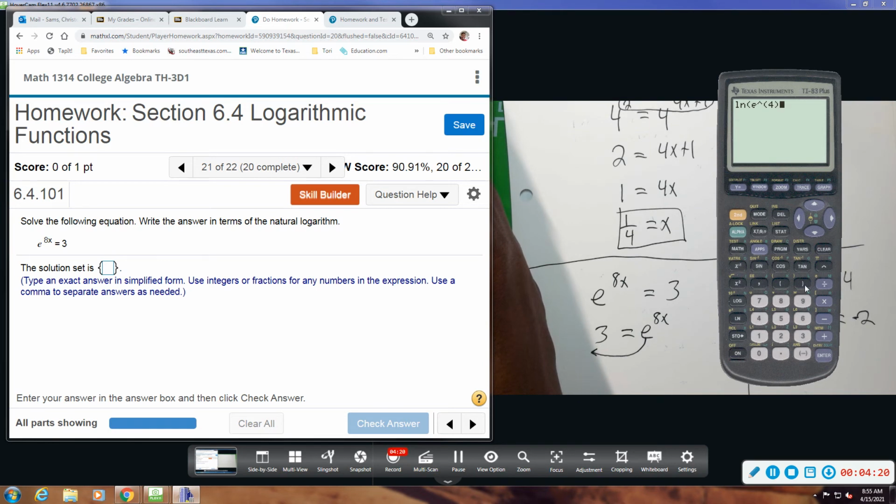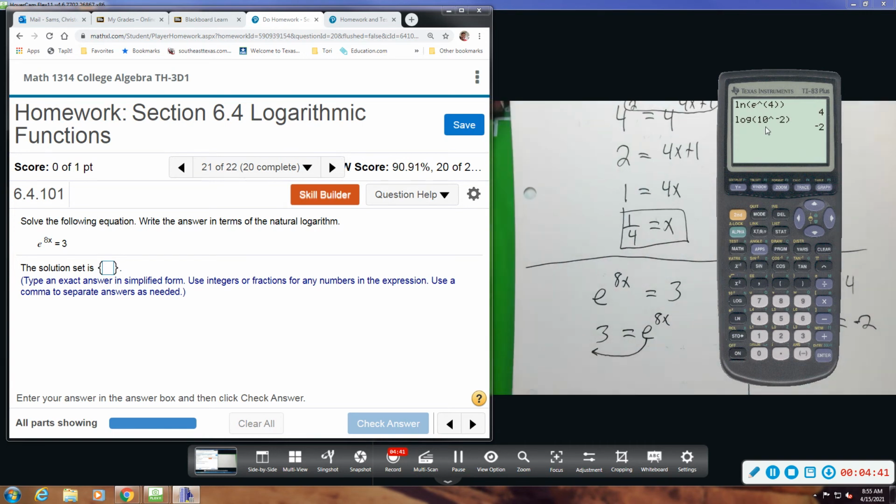Okay, so what I'm going to see is 4, because the natural log's understood base e and this e cancel out. Same thing if I do log, it has an understood base 10, so if I do 10 raised to the negative second power, I will just get -2. Okay, so the 10 cancels out.